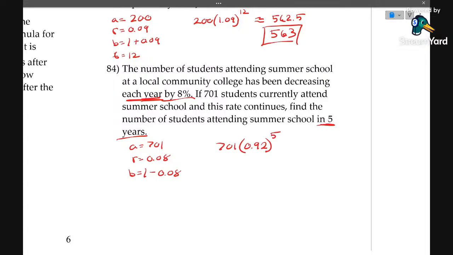So 5 is our exponent, 0.92 to the 5th power, and then multiply that by the 701 starting amount. We get approximately 462.0. So we expect there to be 462 students still enrolled in summer school in 5 years.